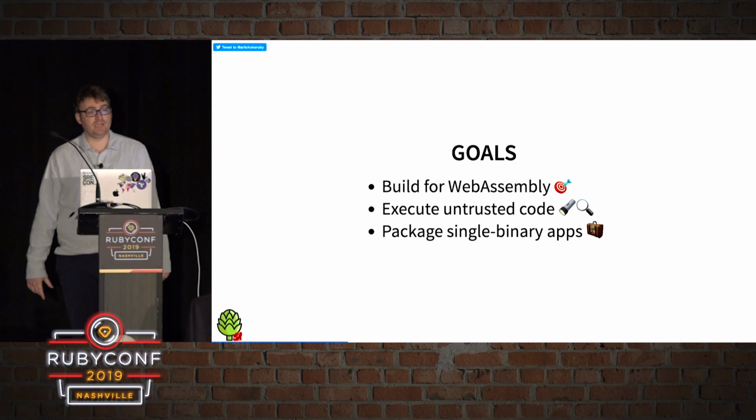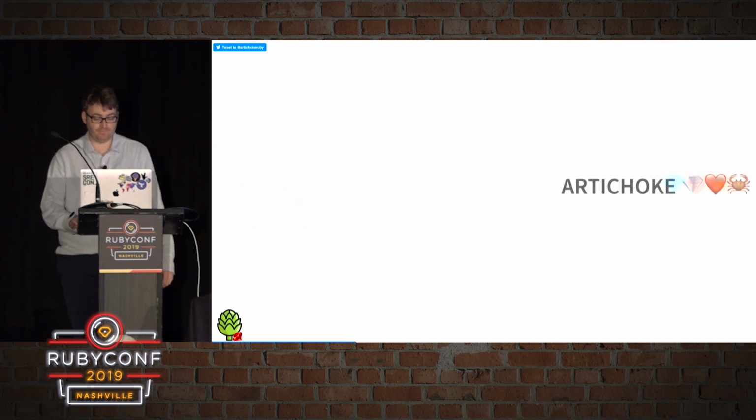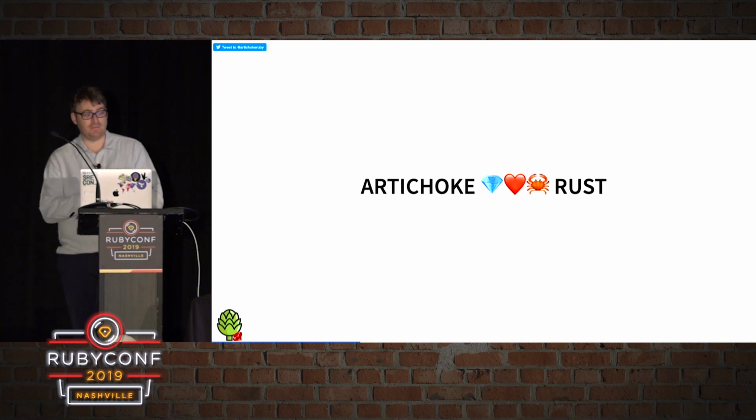What tools do we have available in order to make this a reality in Artichoke? Well, the first, and maybe most obvious one, given the title of this talk, is that we can use Rust for fun and profit in order to make our Ruby meet these goals.